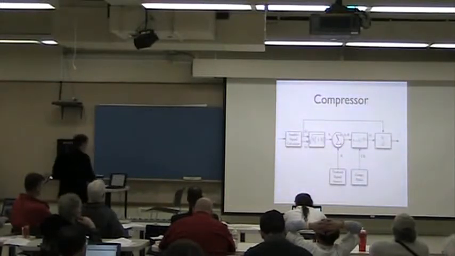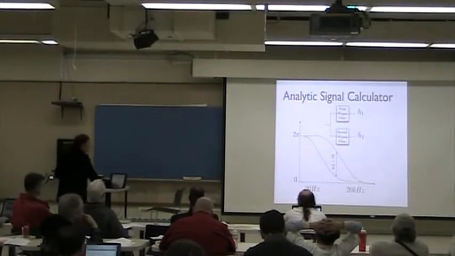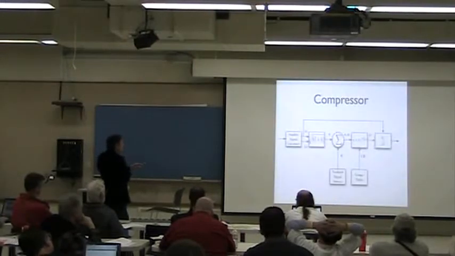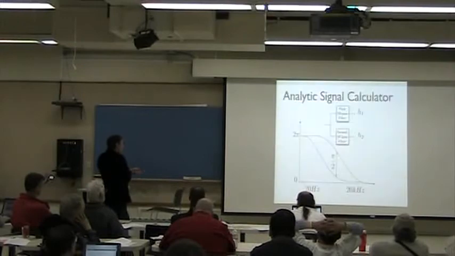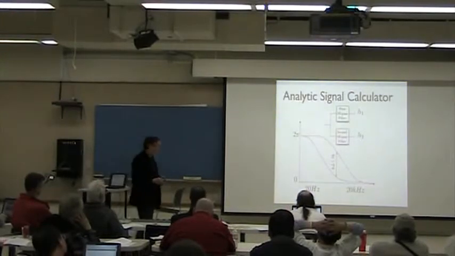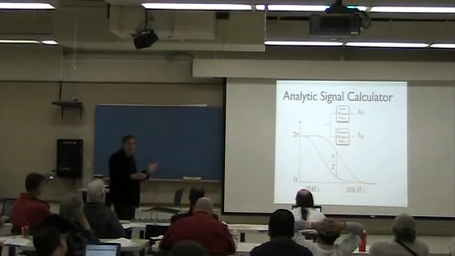Yeah, I promised you to explain how this component, an analytic signal calculator, is working. So basically we have an all-pass filter. And the thing about an all-pass filter is that it doesn't filter the frequency. It just changes the phase characteristic of the signal.